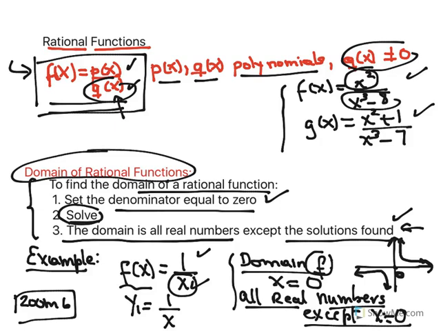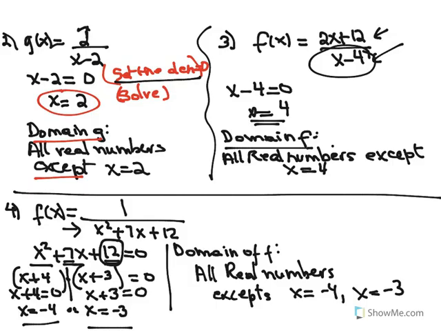So the steps to find the domain of rational functions are 1, 2, and 3. Set the denominator equal to 0, solve, and the domain is all real numbers except the solutions of that equation we just solved. So we did several examples.